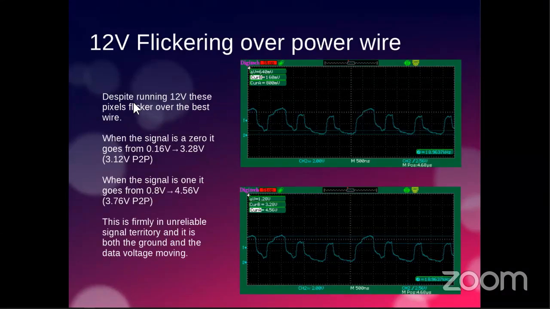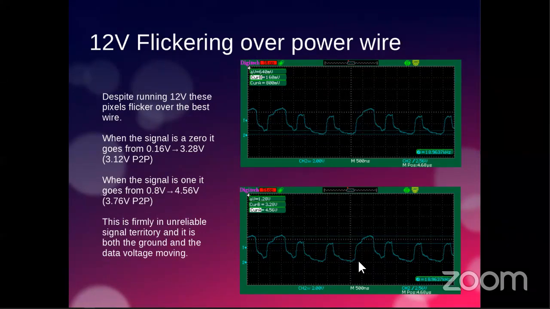So what does a signal look like when it's flickering? So here's a signal that was flickering. Right, I was running the best wire, which means I was running the power wire, the one with the least amount of resistance, and these 12-volt pixels were flickering. And the reason is that the signal was varying over time.